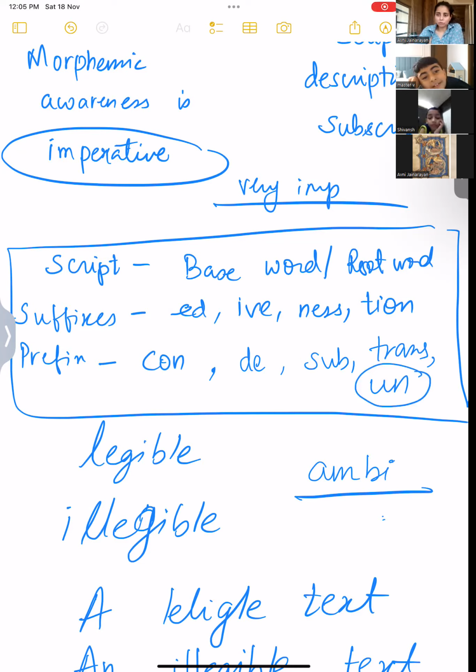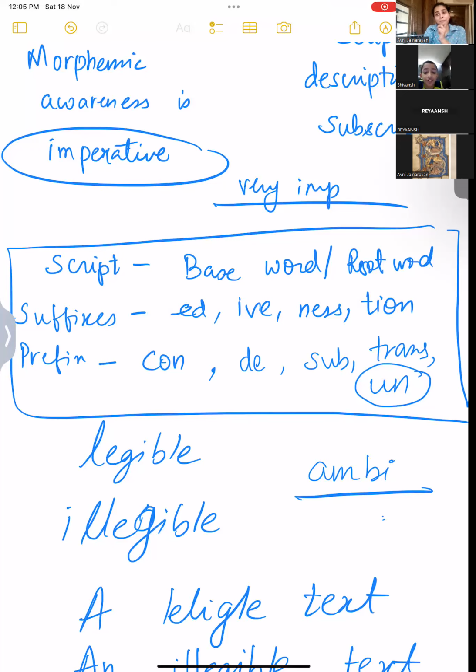Now, my next question goes to Shivansh. Shivansh, you have to do two jobs today. You have to add a prefix in. So what will be the word now? Inscript. Now add a suffix tion to it.